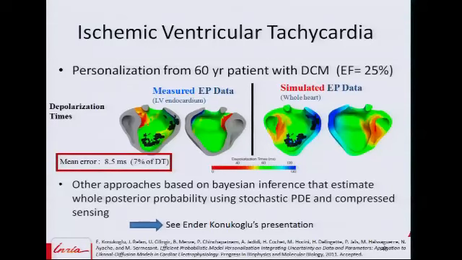So there is some discrepancy. I'd like to mention that the black part here corresponds to the scars, the locations where you don't have any conduction, which is related to infarction. Infarcted tissue leads to areas of dead cells which do not conduct anymore. And so we have a reasonable, I would say, mean error in terms of depolarization times. So this is the approach that was mostly used.